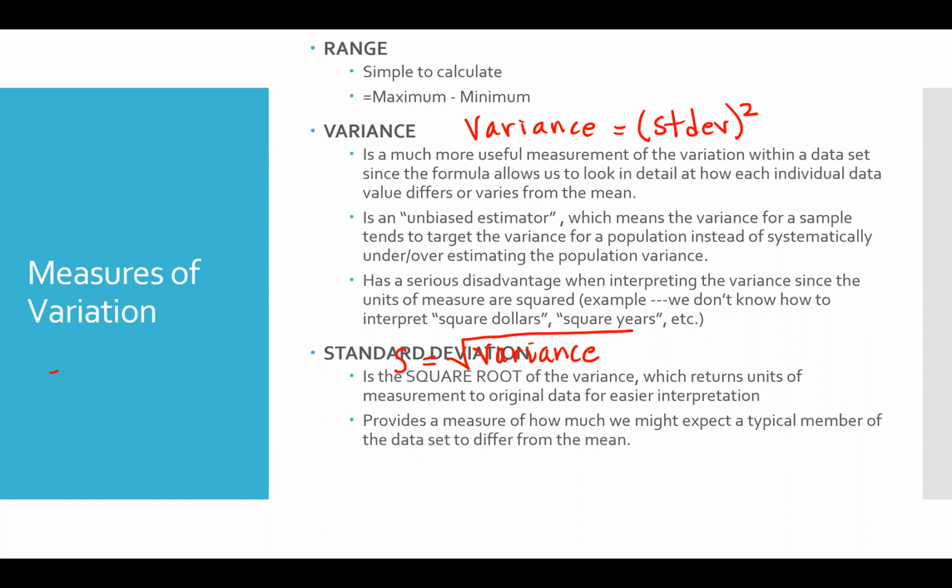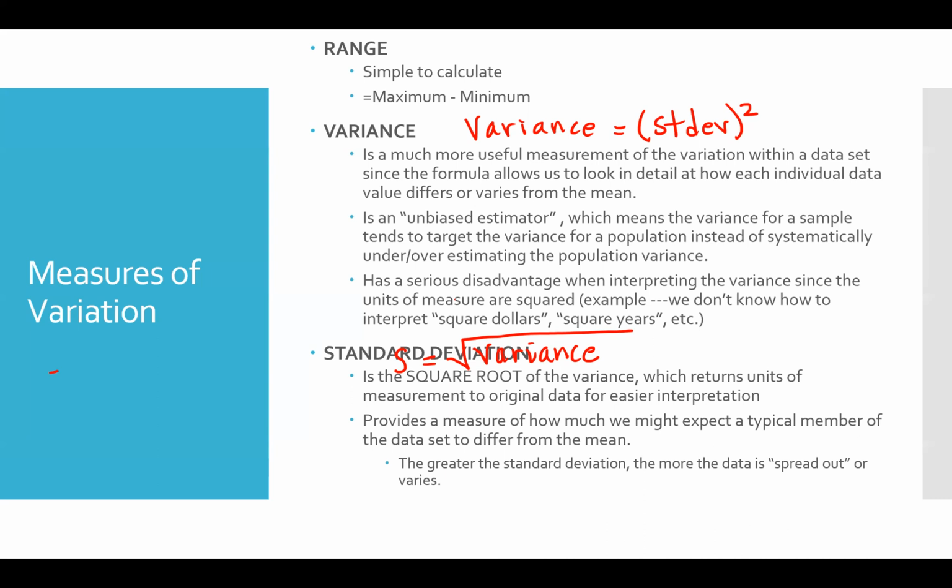Again, it uses all of the data values. So the standard deviation is the other most important measure for a data set. All the measures are important, but the 2 that are super important are the mean and the standard deviation, because they involve all of the data values and we use them in other statistical calculations.